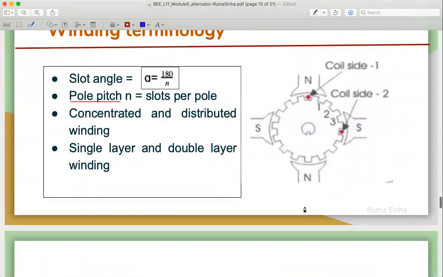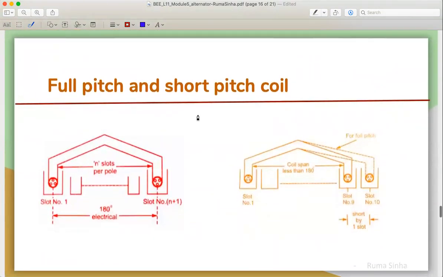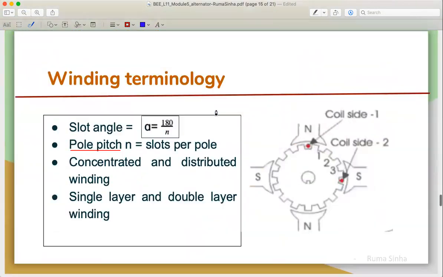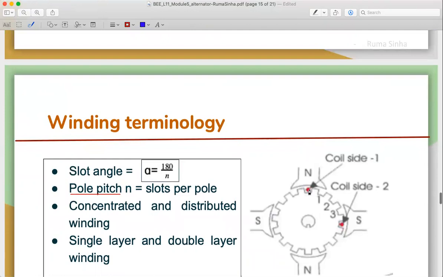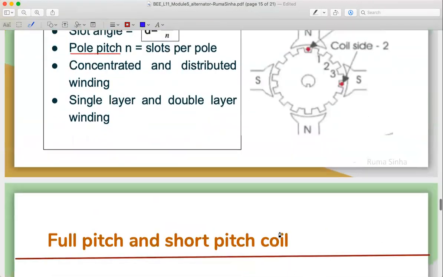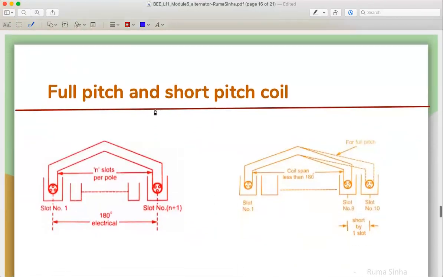Okay. Now going to the next, full pitch and short pitch coil. Here we need to understand, as I said before, that if one coil side is placed here, the next coil side with which this coil side is connected is placed here. So it's placed at a distance. Now, what is the distance? That distance is measured by this.